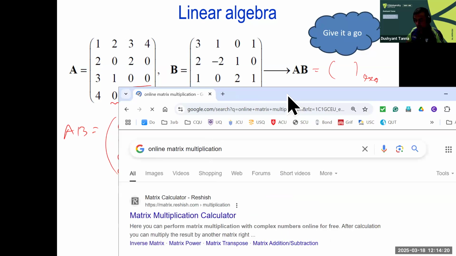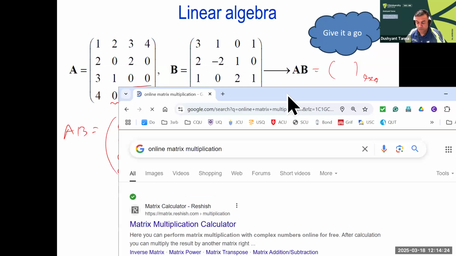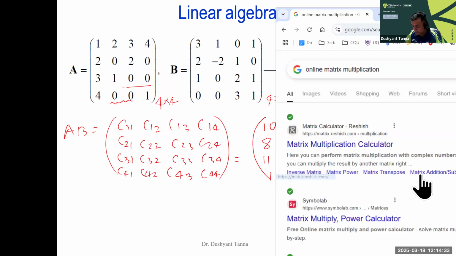Only to verify your answer. I mean, you might have a scientific calculator which will verify it for you, but just go online and Google matrix multiplication.